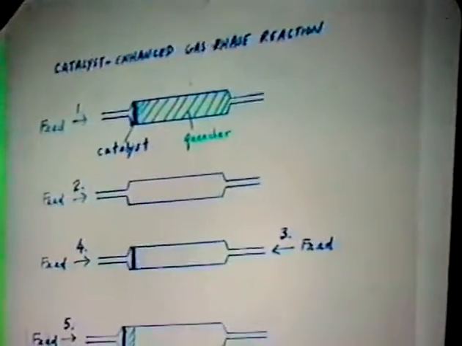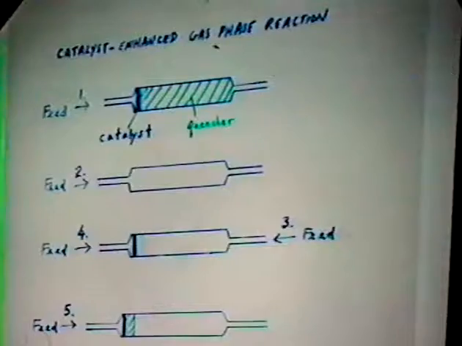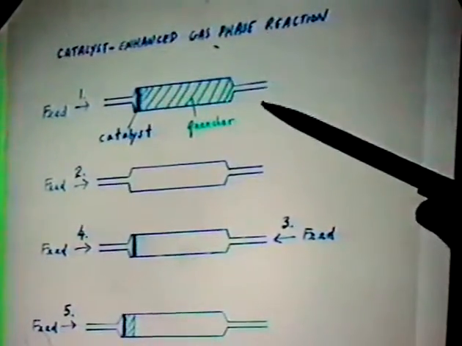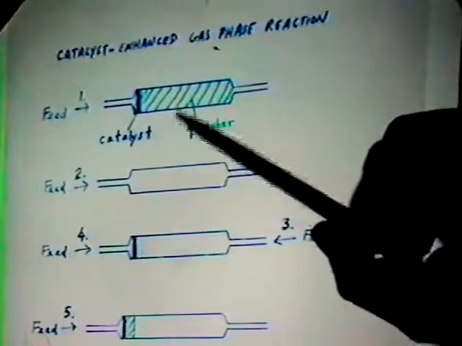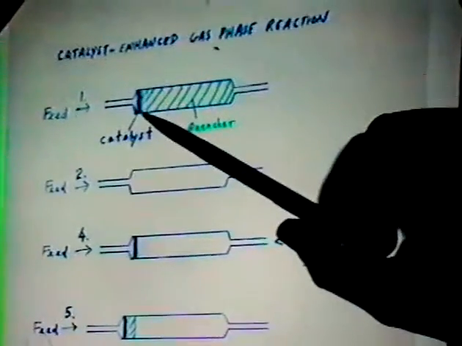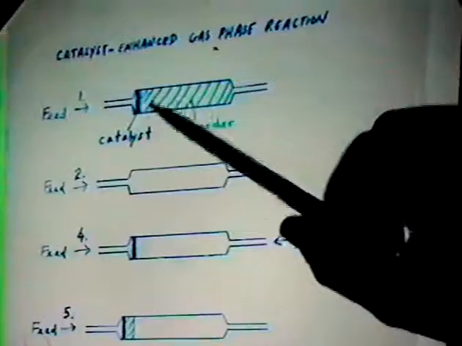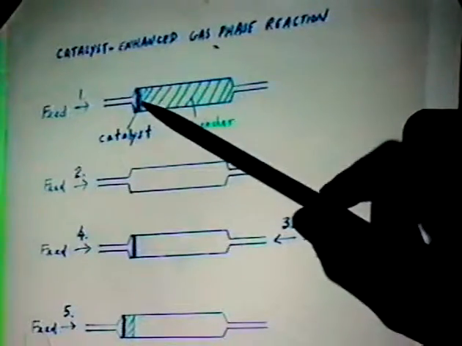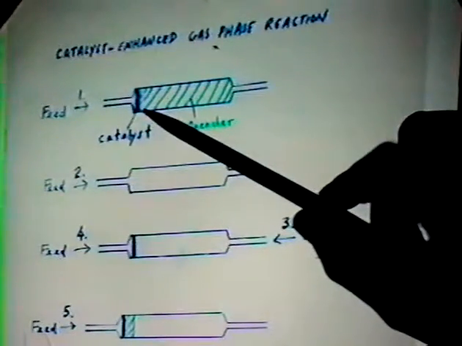To be sure that we are looking at the particular reaction that we want, we have to do a series of 5 different experiments. First of all, this is a control experiment in which we put just the catalyst in the reactor, and the rest of the reactor is filled with the quartz chips, which I said is a quencher. This then will give us the reactivity due to the catalyst alone.